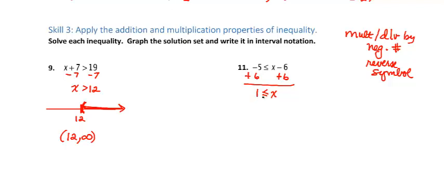If 1 is less than or equal to x, that means that x is greater than or equal to 1. So on a number line, we place the 1 and then shade everything larger than 1. And we are able to equal the 1, so we have a bracket there to get bracket 1 to infinity for our interval.